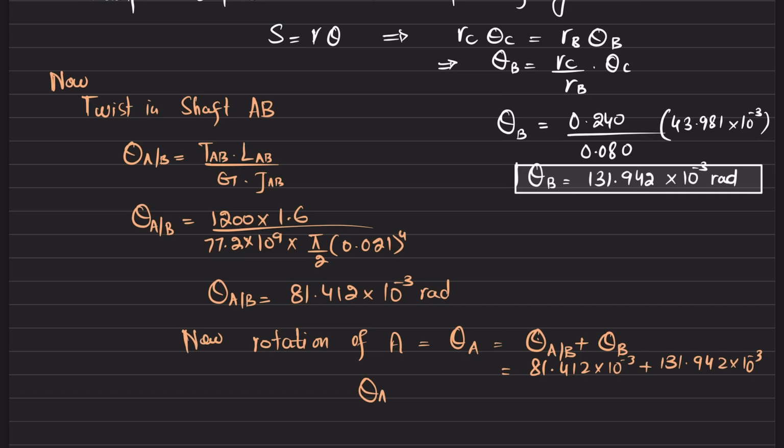So when you calculate it, you will get 213.354 into 10 raised to power minus 3 radian.